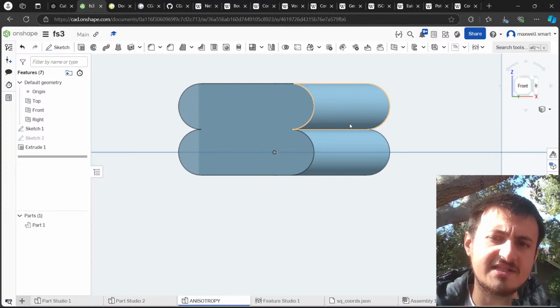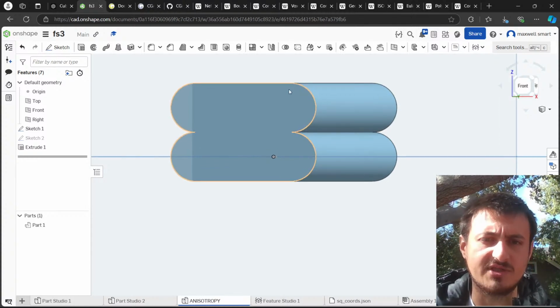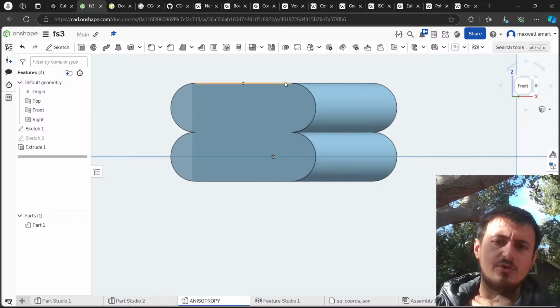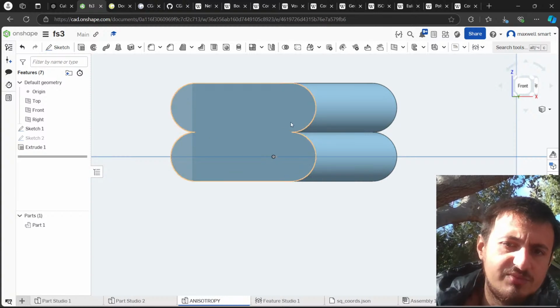So this is an anisotropic model, because if we were to do a simulation and apply a force perpendicular to this thing, it would rip along this line. This would be the weakest point.